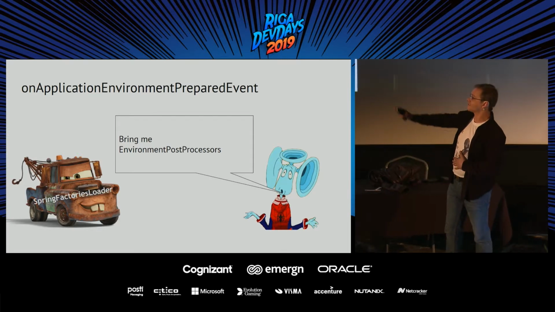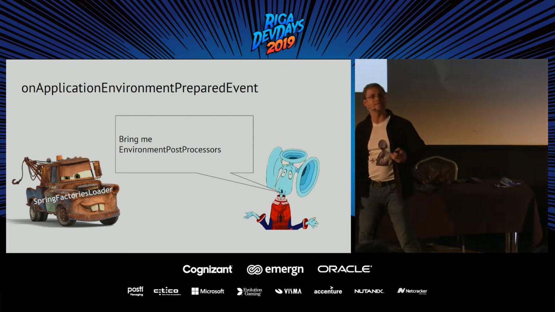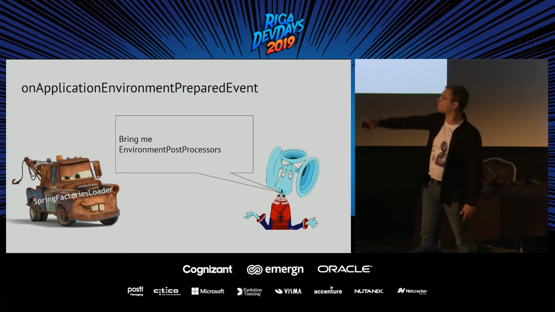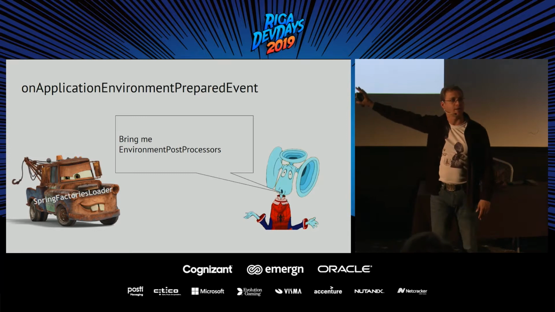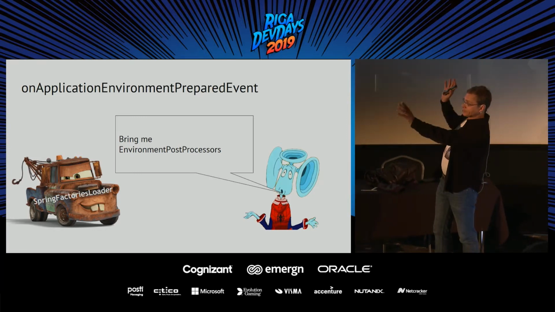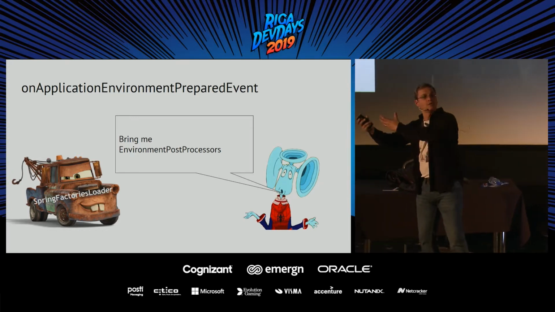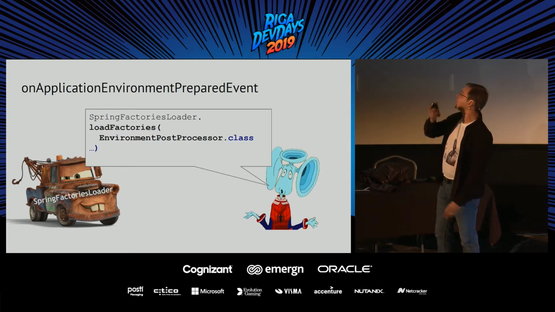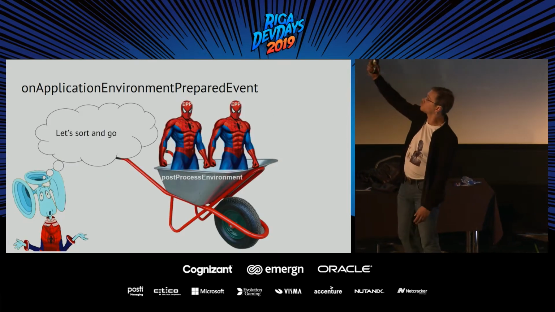So the same mechanism is used here. Everybody who wants to scan something inside spring.factories always uses the SpringFactoriesLoader. Okay, I told you this class was developed something like 8 years ago. So if you try to see it like a movie, he is saying to the Spring Factories, please bring me all environment post-processors. He will bring these environment post-processors to him. He will say, okay, I need to sort you.